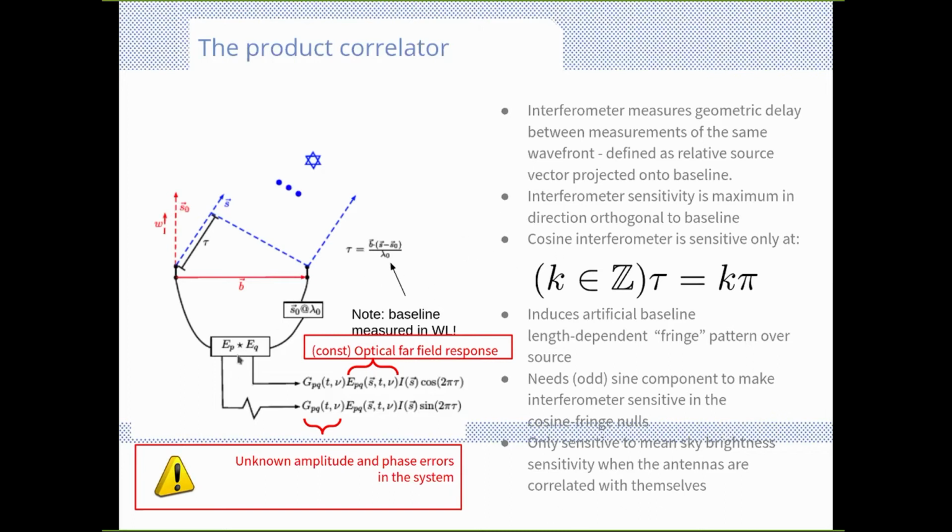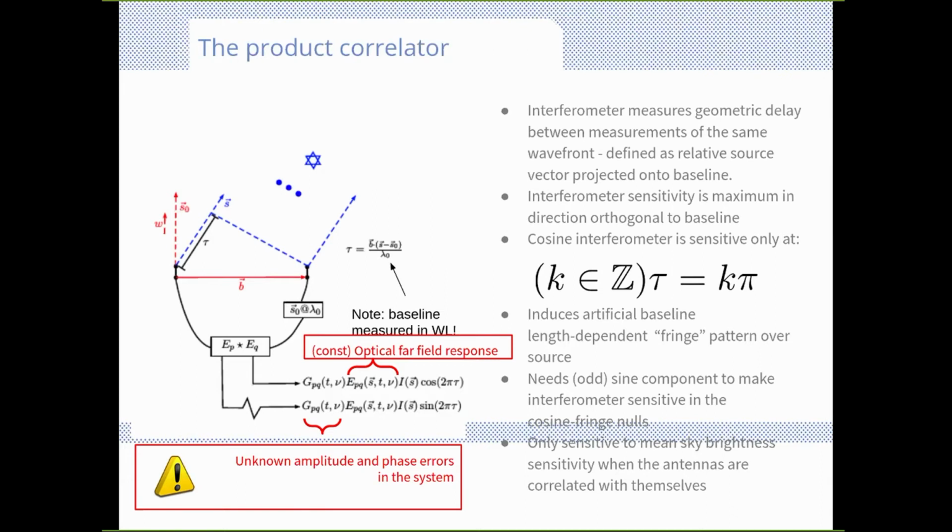Also note here that typically, as I said before, we channelize the induced voltages on each of these antennas before we correlate them. Such a system, as Justin has shown before for the MeerKAT system, is known as an FX correlator. So we have a Fourier transform of the time voltages before we multiply them in that Fourier space.